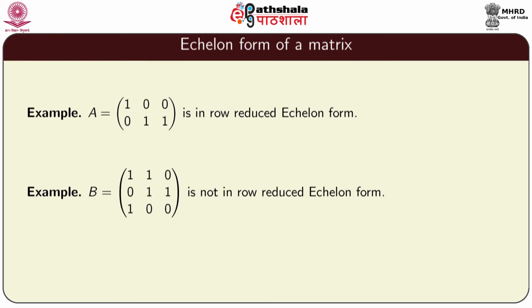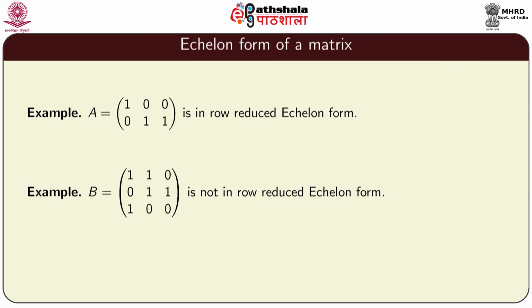And then in the second row, the first non-zero entry is again 1, which is in the 2 2 position of the matrix. That is, it is in the second column of the matrix, and the other entry in the second column is 0. So, it really fulfills all the requirements for echelon form. So, this is one good example of a matrix in row reduced echelon form.